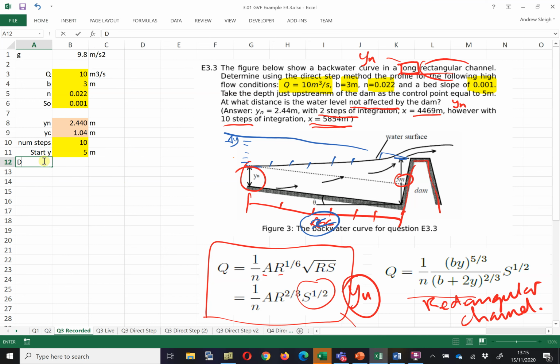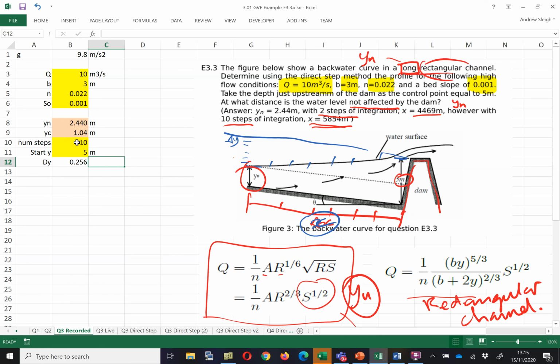And the delta that we're going to have is, we'll have to do a calculation. 5 minus yn, 2.4, divided by the number that we're going to do, 10 steps. Okay, is that correct?